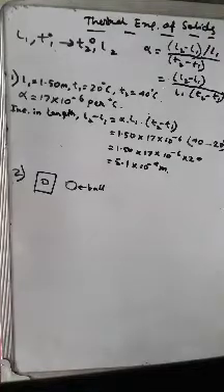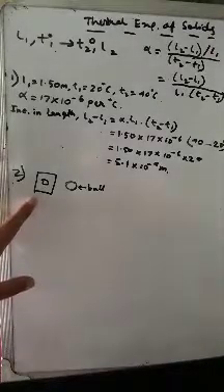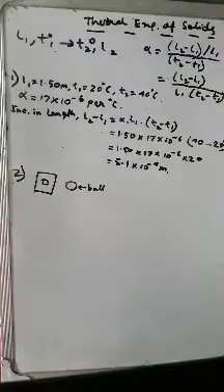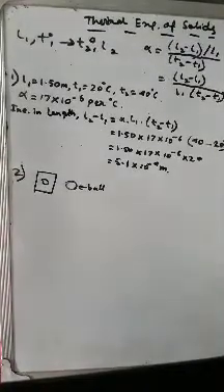I think the question is clear to all. This is a 2D diagram that I have drawn, but it should be a 3D. I think you have come across the terms 2D, 3D diagrams. Clear?